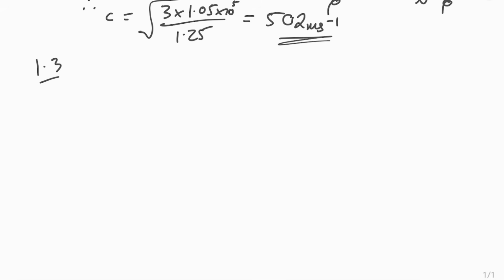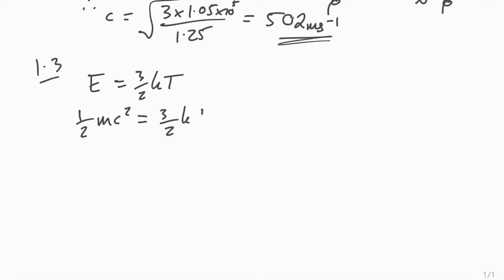Okay, what will be the temperature that will double c_rms for the air molecules? Well, that's easy. It's just proportionality. So we know that energy is equal to 3/2 kT, and energy is half m c_rms squared.